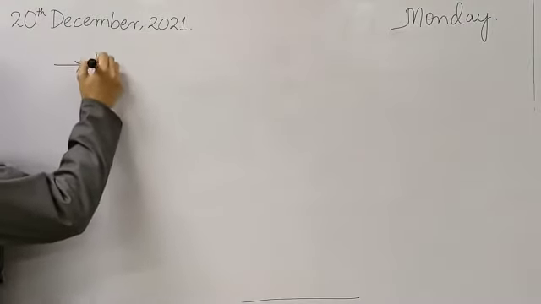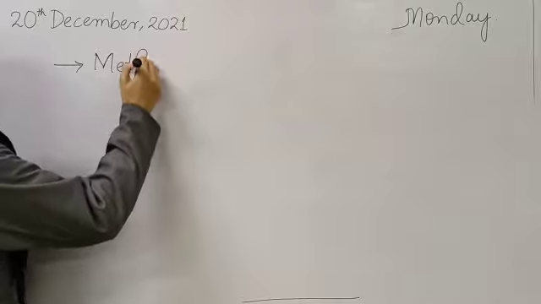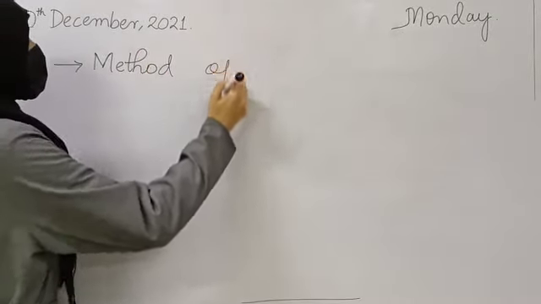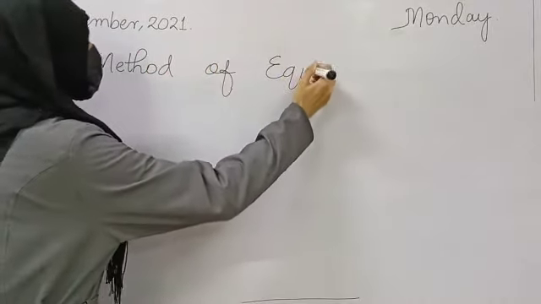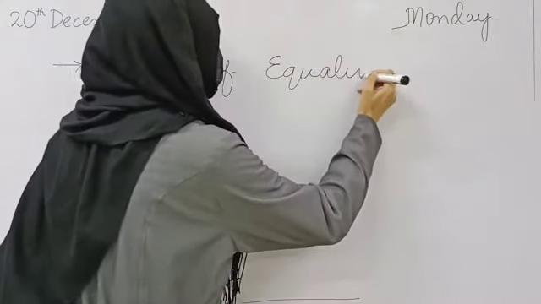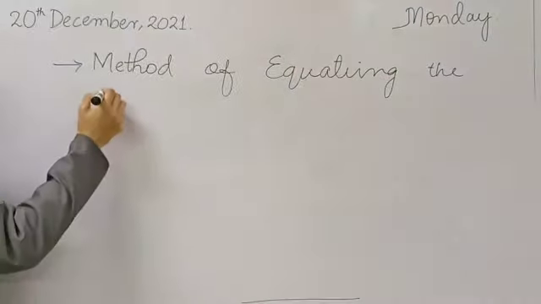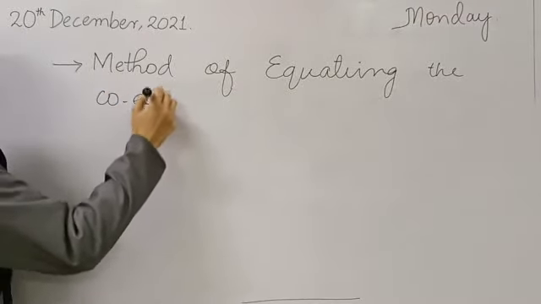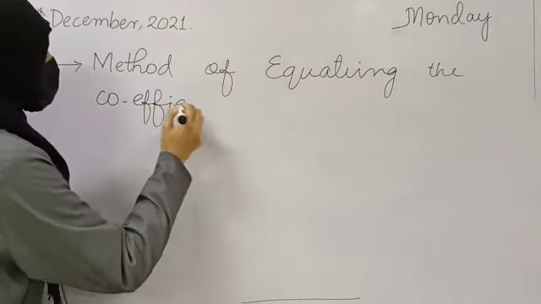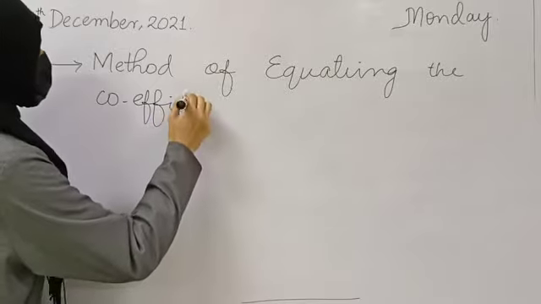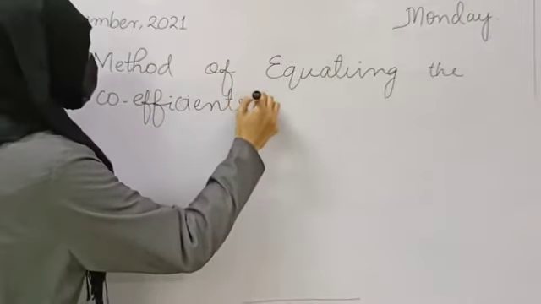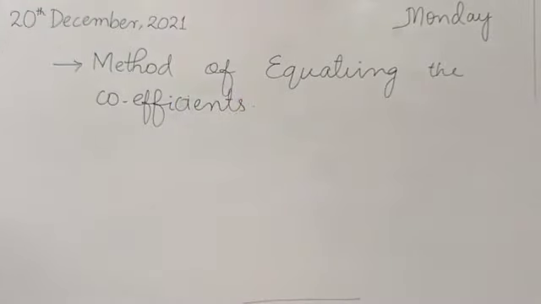First one is method of equating the coefficients. In this method we will equate the coefficients and then find out the value of unknowns.